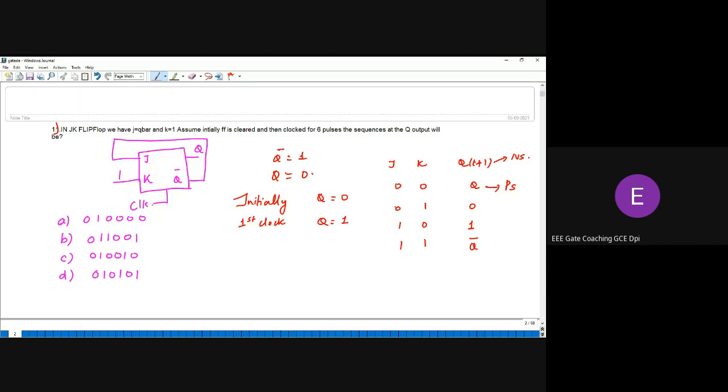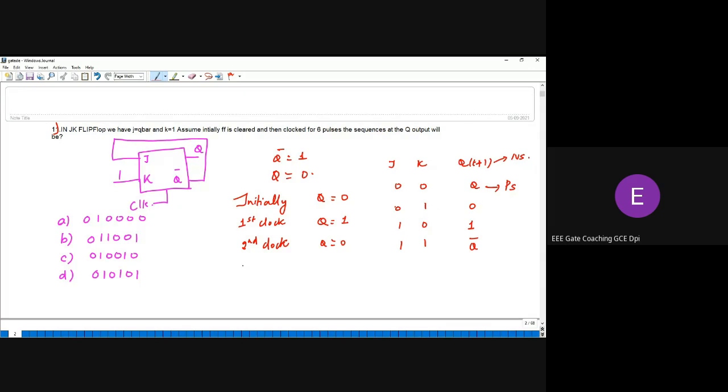If it is 1, then in the second clock pulse, J becomes 0 and K becomes 1. So my output goes to 0.